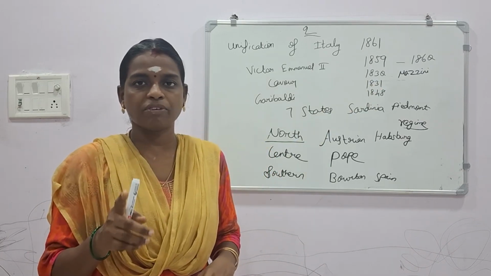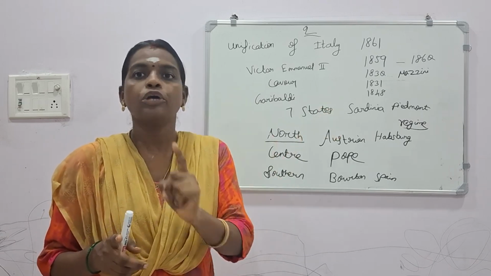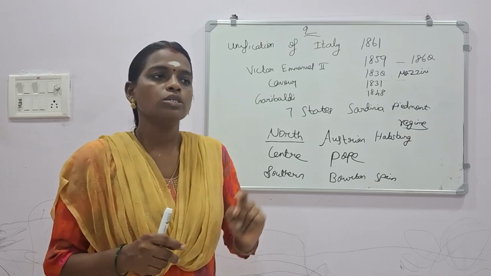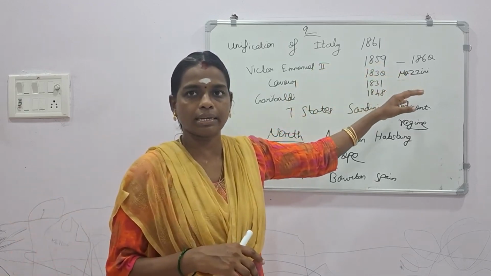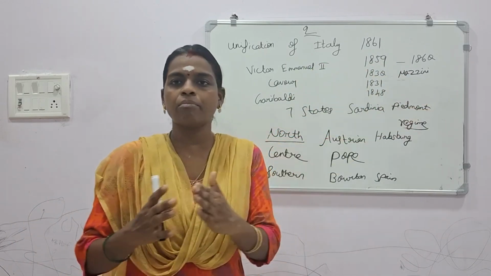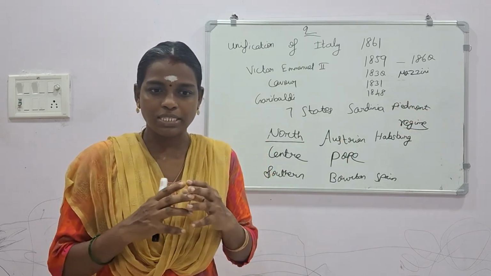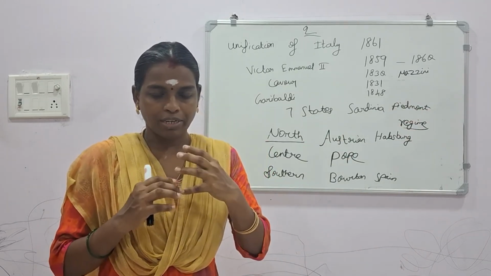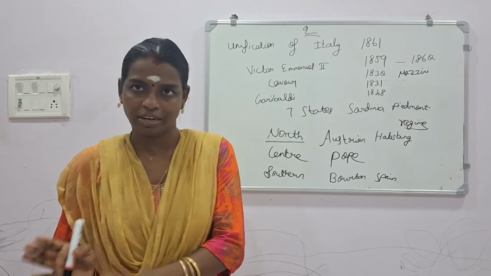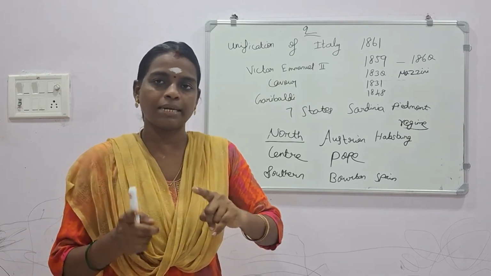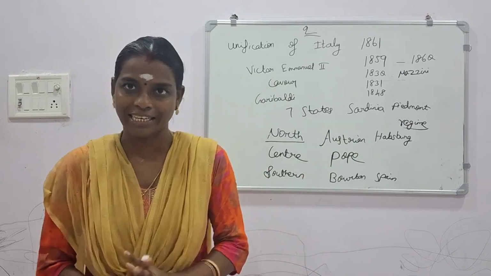Do you all understand for what purpose he did a revolt? Only one purpose, the unification of Italy. But the revolts by Giuseppe Mazzini in 1831 and 1848 failed. Actually, if any revolt happens, the demands we place in front of the government should be fulfilled. But when this revolt was done by Giuseppe Mazzini, it ended in failure.